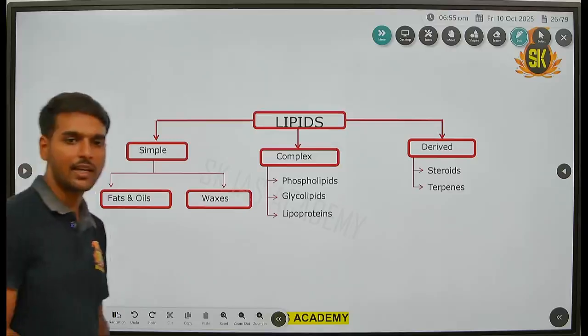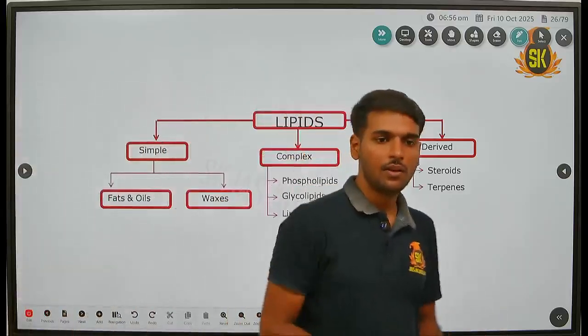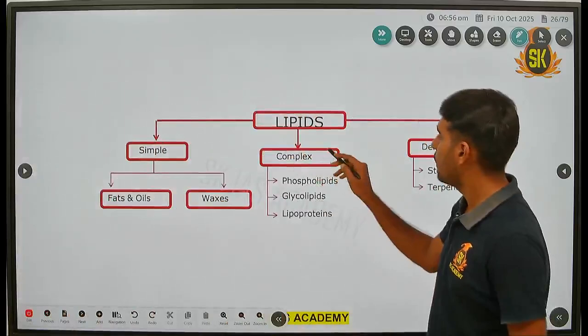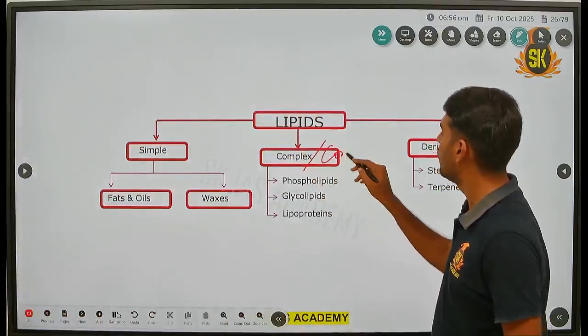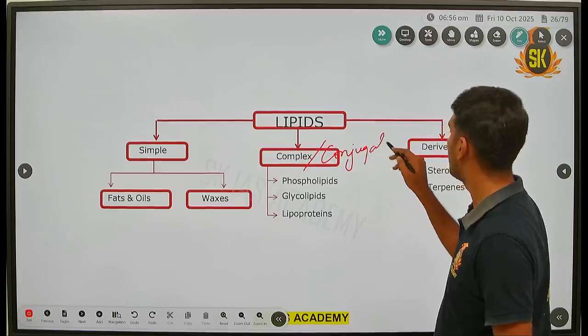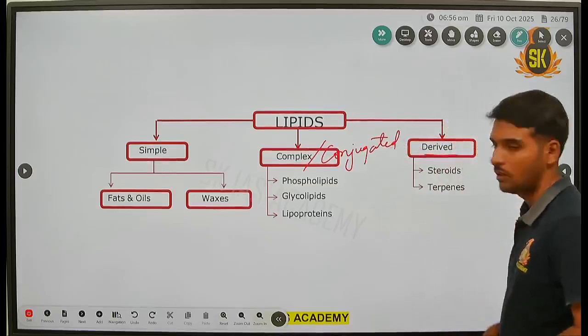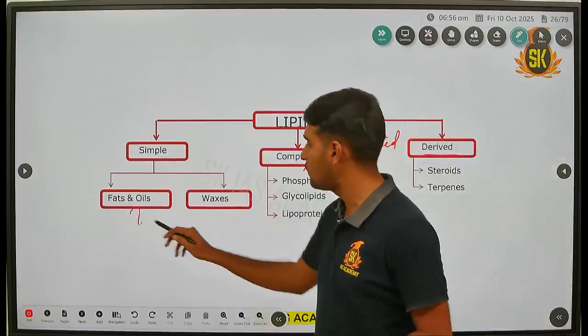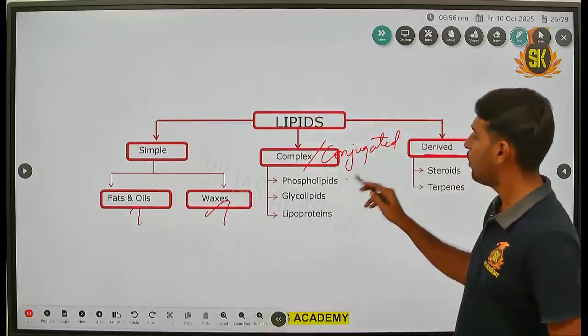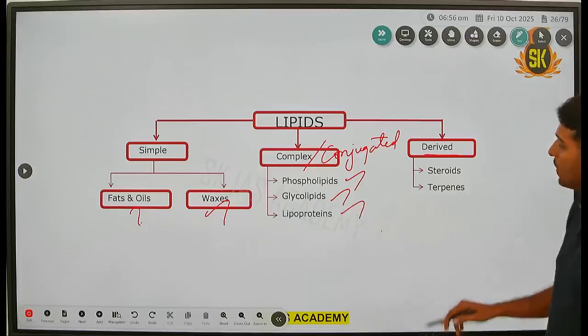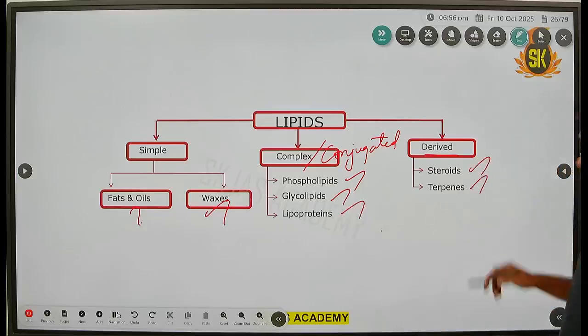Now the lipids are categorized into three: simple, complex, also known as conjugated, and derived. These include fats and oils, waxes, phospholipids, glycolipids, lipoproteins, steroids, terpenes.